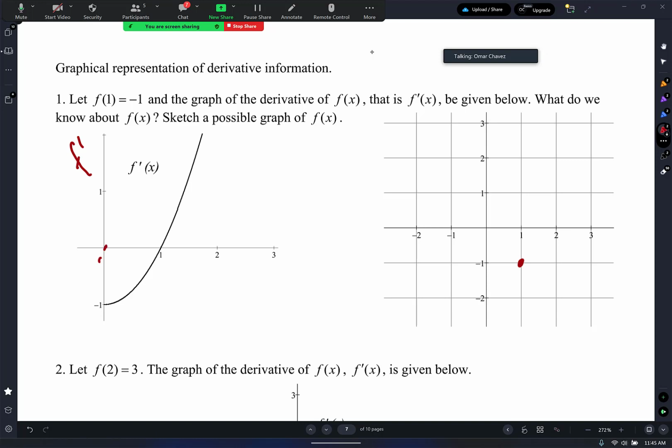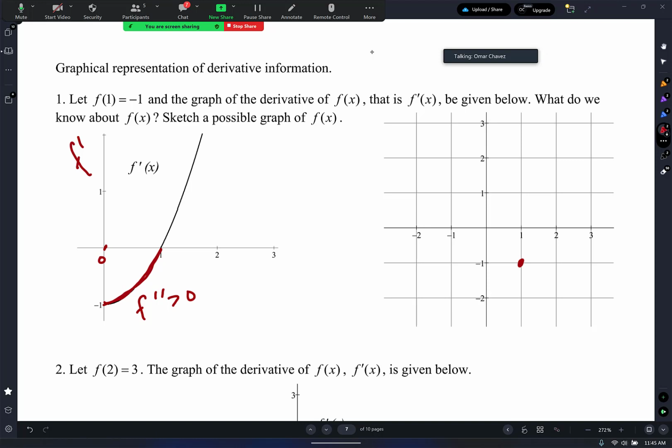Between x equals 0 and x equals 1, f prime is negative. Do we see that? But f prime is increasing. So if this helps, you can write f double prime is positive. Do you guys see that? So that means f is decreasing because f prime is negative, but f is concave up because f double prime is positive.